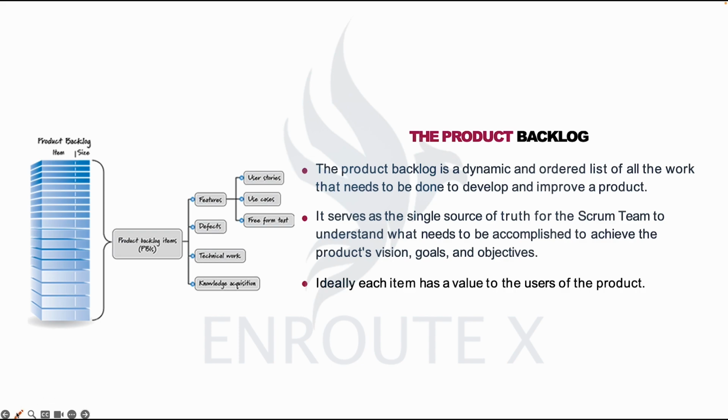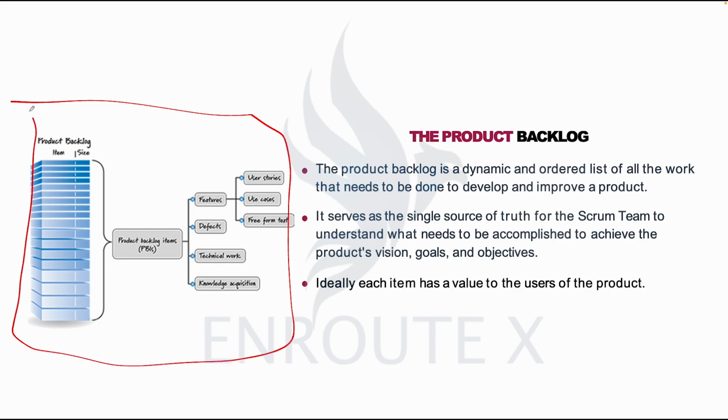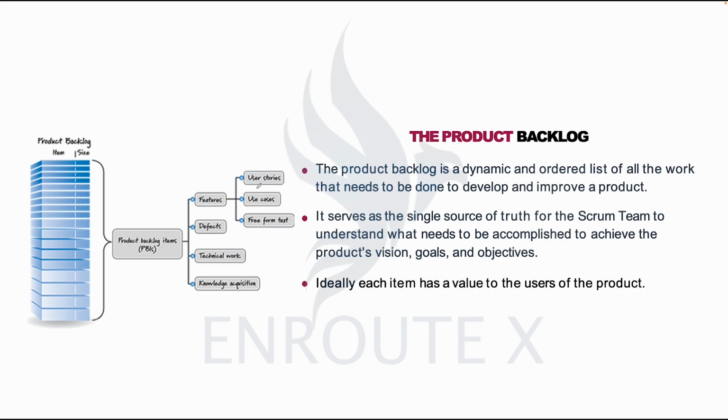Here we go. So we'll take a quick look at what we have on this left side first. Then from there we'll relate further. So this is the product backlog. We can see this stacked up here being the product backlog items.